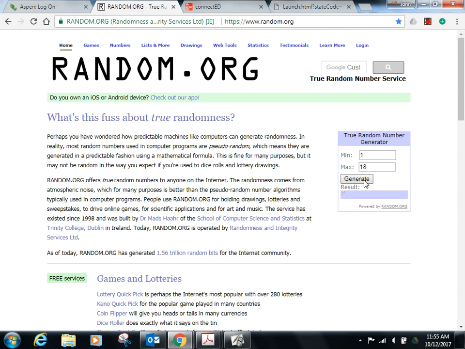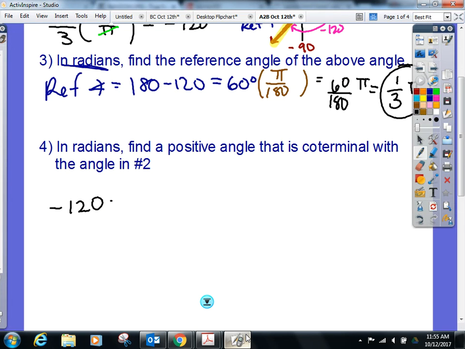What are you going to do to it? Okay, here's what I need. I got negative 120 from problem number 2, right? I want to make it positive now. What positive angle also shares that same terminal side? Add 360 to it. So an angle of what would share the same terminal side there?